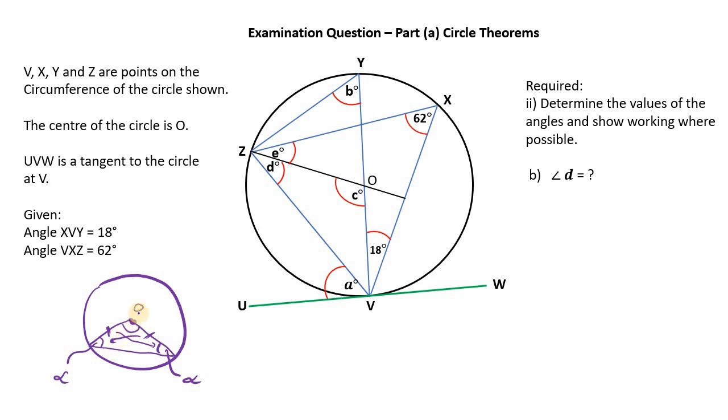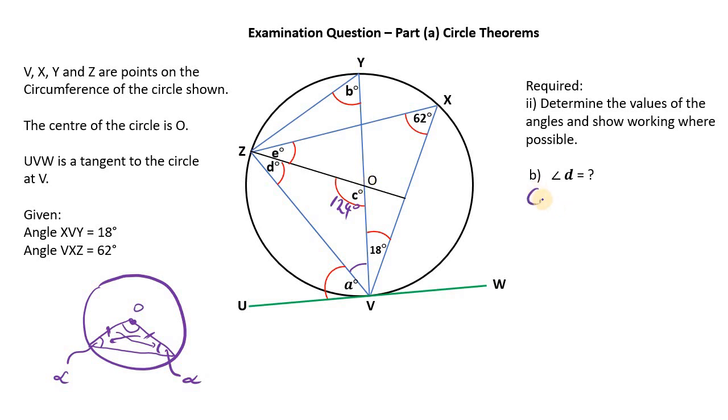Now, because of that, this angle here we would have calculated already to be 124 degrees, right? The fact that it's twice the one at the circumference. So this is 62 degrees. I think we were given it. Now, if that's the case, this is angle D here, which is the same as this angle right here. Because what kind of polygon do we have here? We have a triangle.